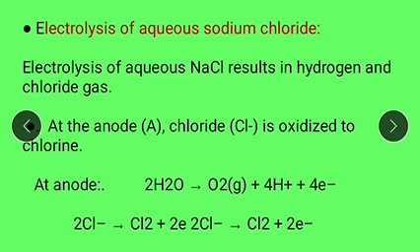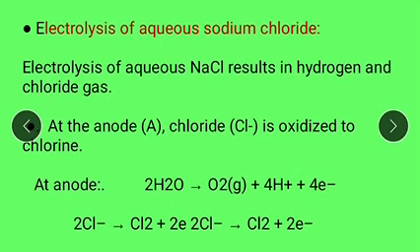When we pass electricity through aqueous NaCl, at the anode the chloride ion is oxidized to chlorine gas. At the same time, the water molecule also gives up its electrons and gives oxygen with the liberation of 4H+ ions.